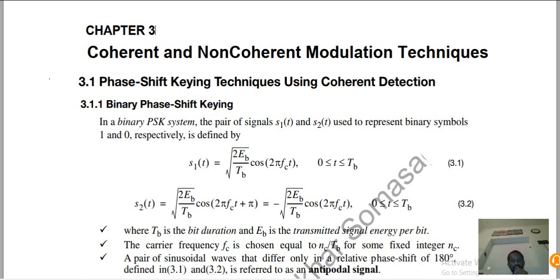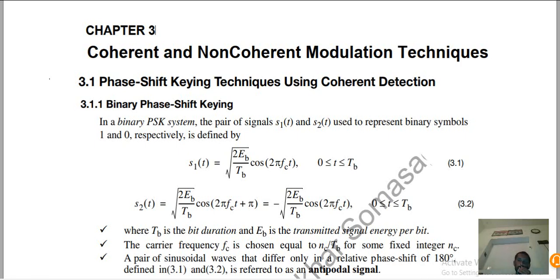The pair of signals represented in equations 3.1 and 3.2, which differ by a relative phase shift of 180 degrees, are called antipodal signals.